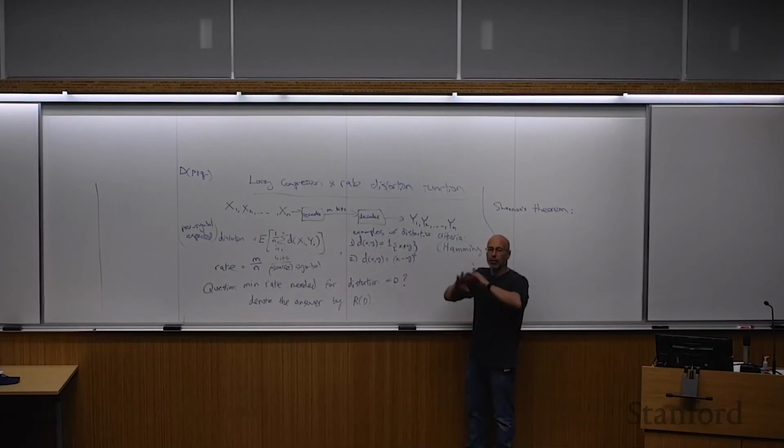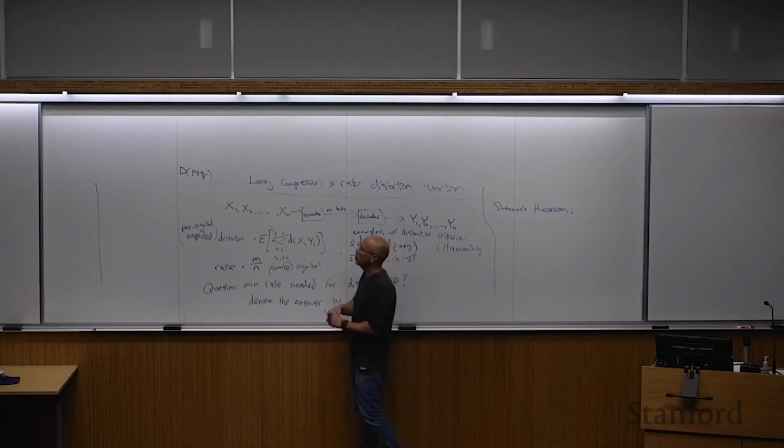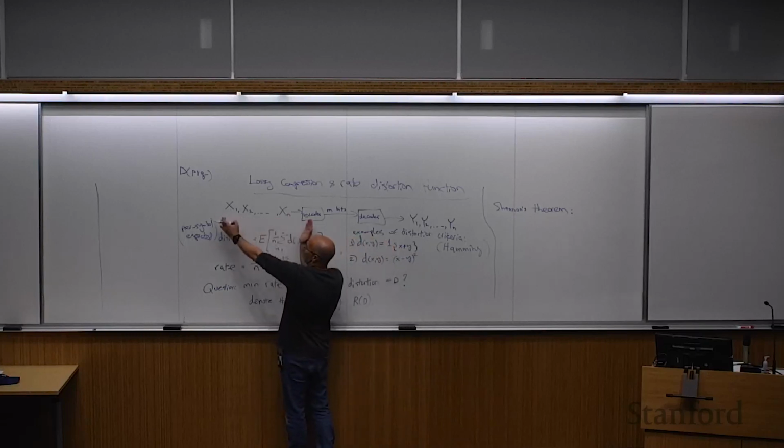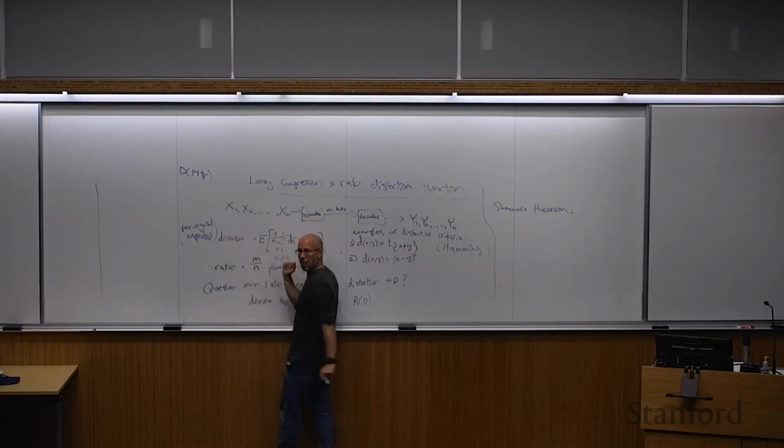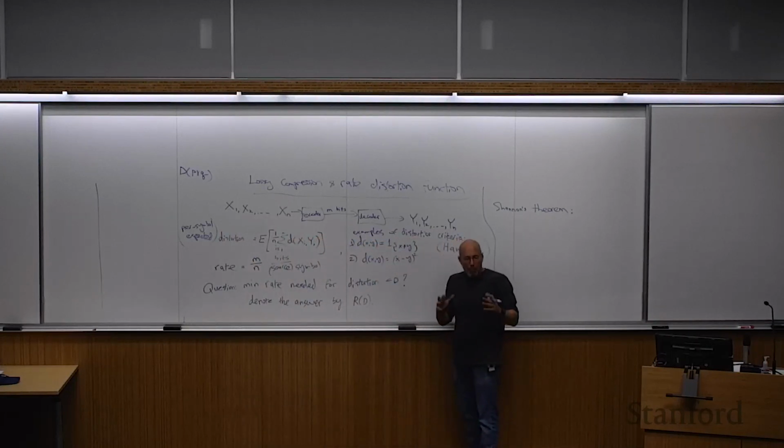Okay? When I allow you to optimize over all schemes in the world, arbitrarily complex, sophisticated, using arbitrarily large blocks of data simultaneously, what is the minimum, the best that you can do, optimizing over all of these?